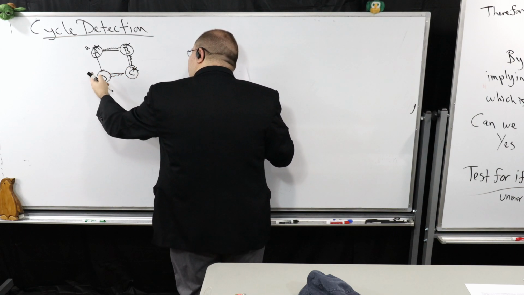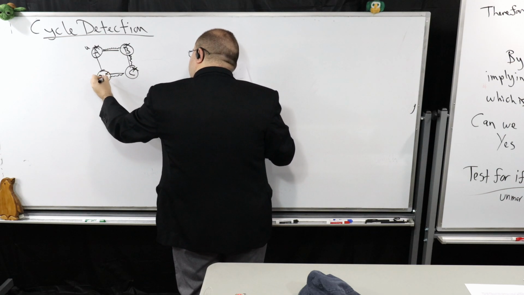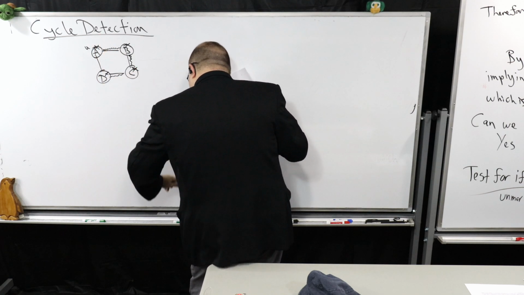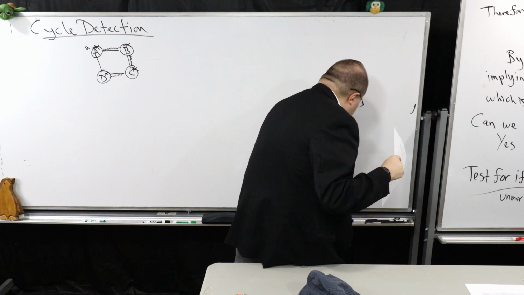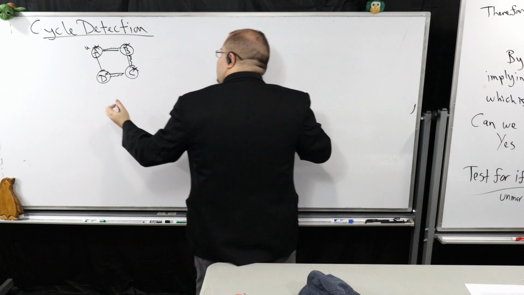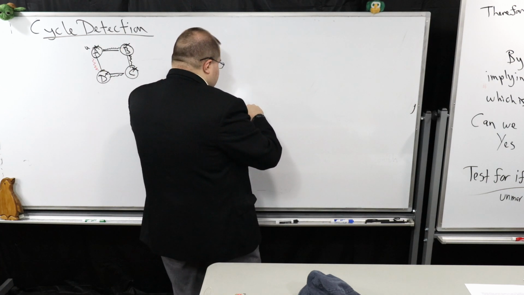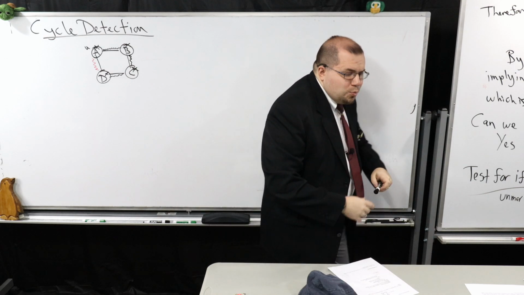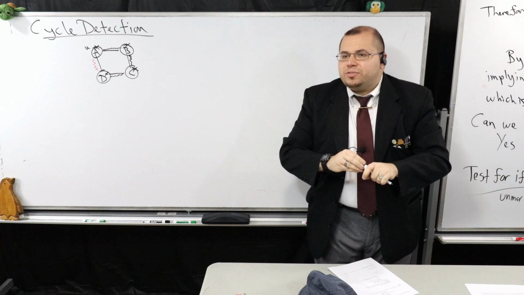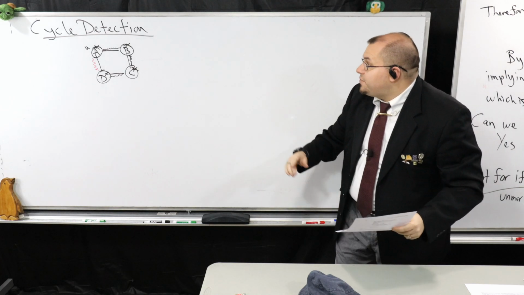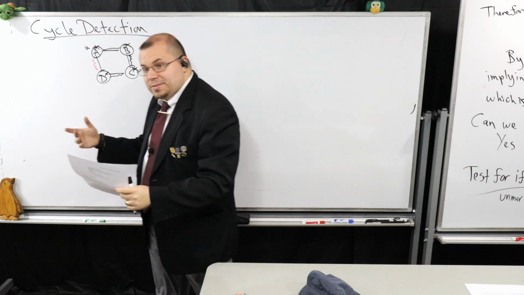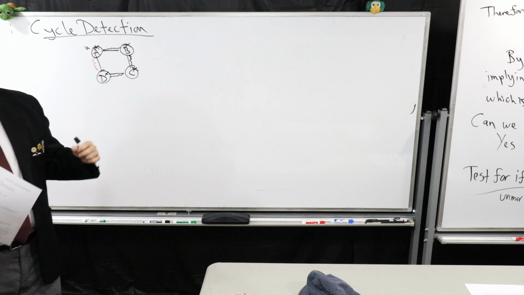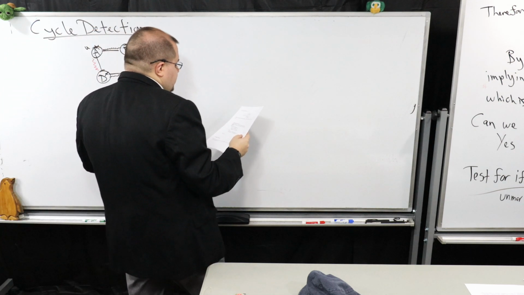But notice that when I see an already marked vertex, I have to label it as a back edge. So I would label this as a back edge. The one thing that's nice about DFS is you can use DFS to test if there exists a cycle in the graph. So how do you know that there's a cycle in the graph?